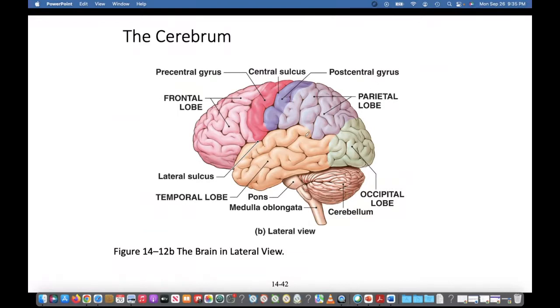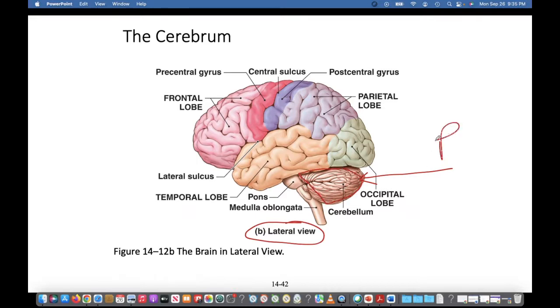So when we're looking at the brain from the lateral view or the side view, one of the first things we have to ask ourselves is, where's the front and where's the back? The way you know what's anterior and what's posterior is you have to find the cerebellum. The cerebellum is always on the posterior part of the brain.